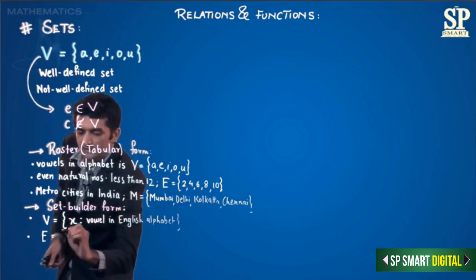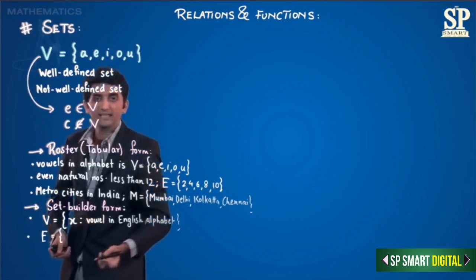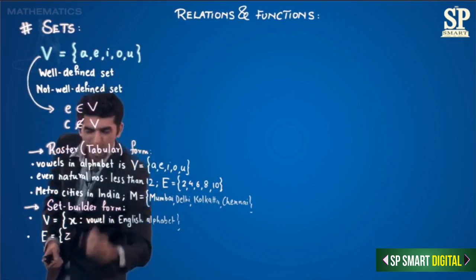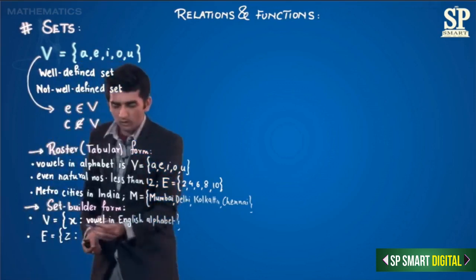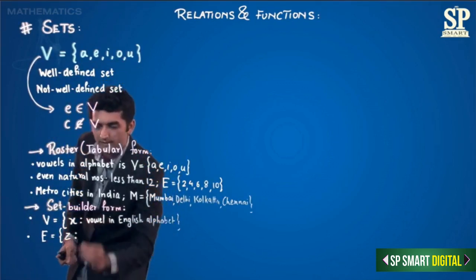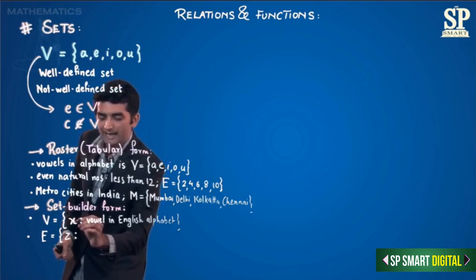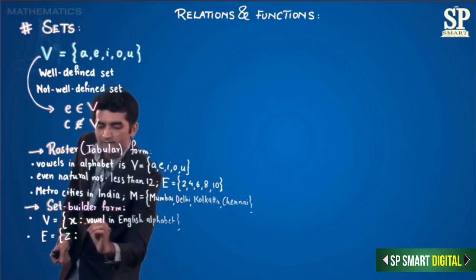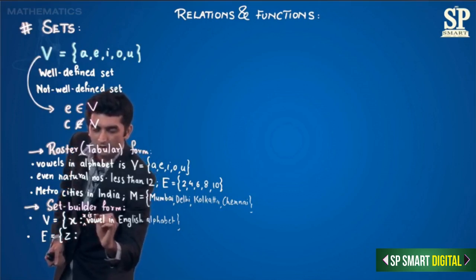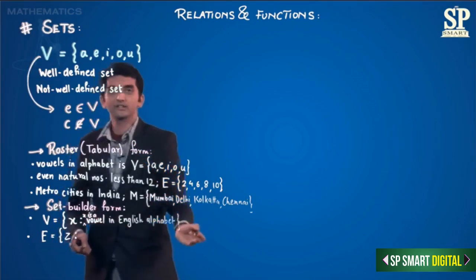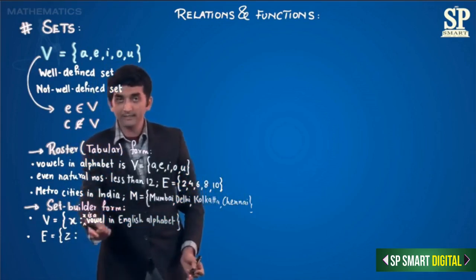This is going to be E is equal to, now you can use any general element. This time let's use Z. So Z, now one thing that we missed out here is after this element X, when we put two dots, we need to just write here that X is a vowel in the English alphabet. So likewise, you will understand this here.